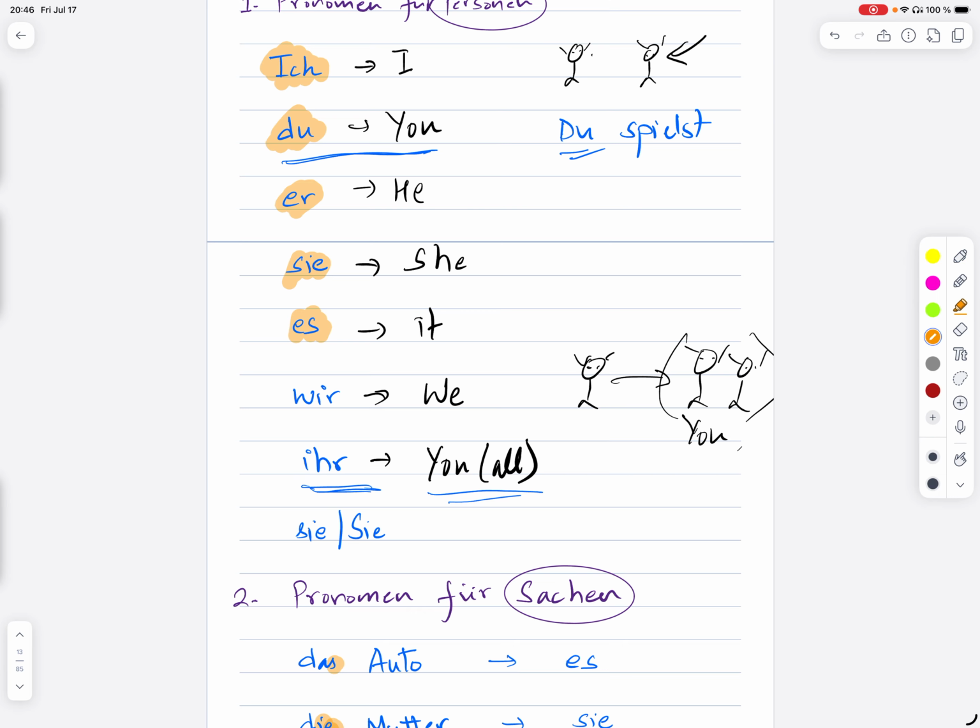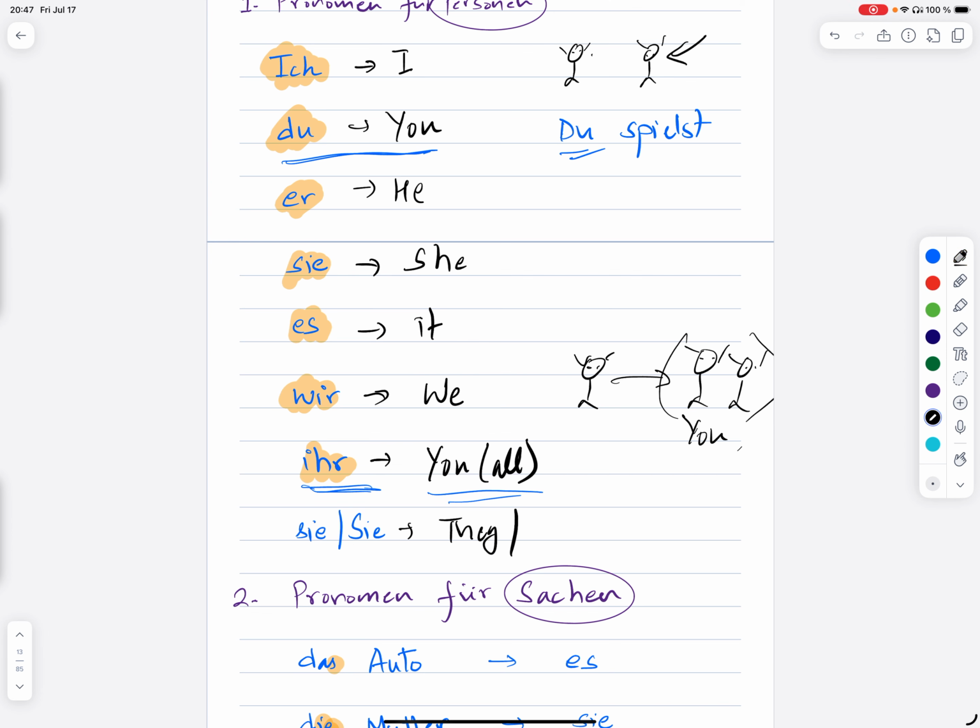So we have wir, ihr, and then you have sie and Sie, and the other Sie is with a capital S. So what are these? When you have multiple people in third person and you talk about them, then it will be sie, and the English equivalent of this sie is they.